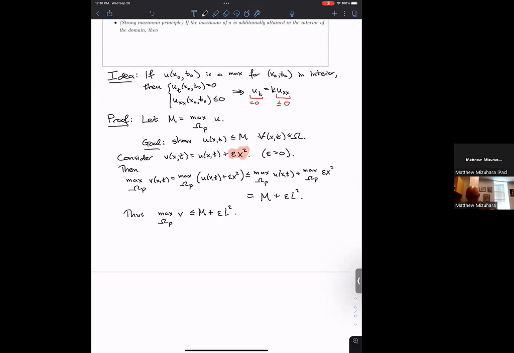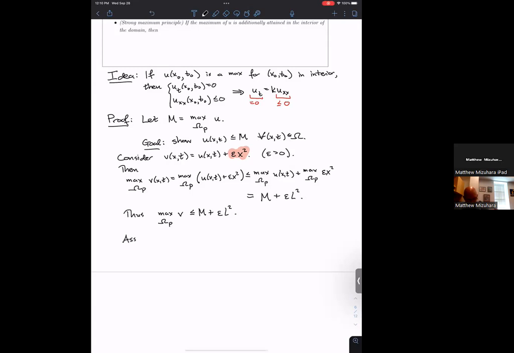Fine. So now let's consider why V actually can't be bigger than this quantity, not just on the parabolic boundary, but on the entire domain. So let's do a short contradiction here.